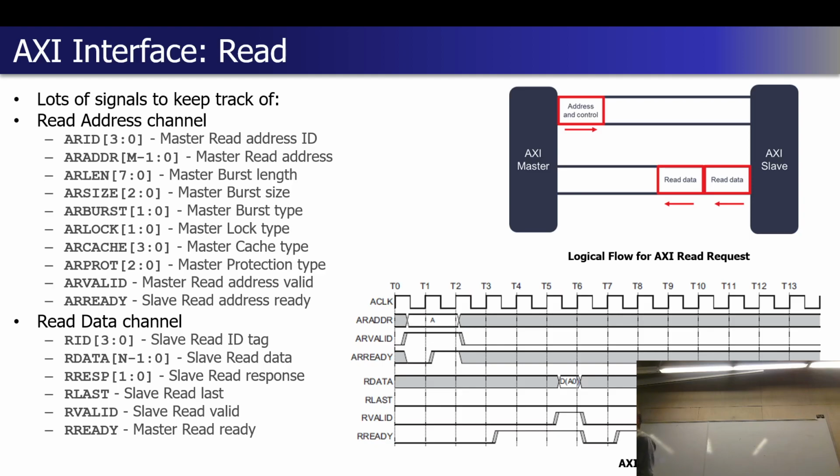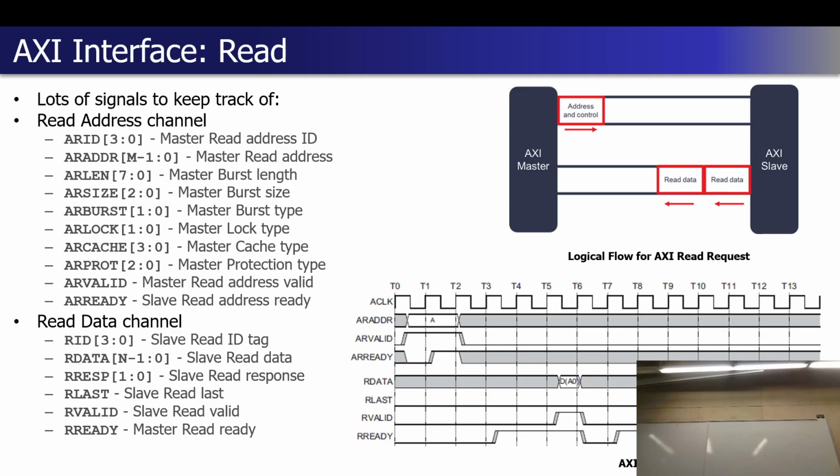There's no guarantee it happens right away. This doesn't show it, but from AR valid going high to AR ready going high, I don't actually know if there's even a limit. It could be an arbitrary amount of time that your side has to wait for that to happen. That's why a state machine makes sense for that kind of implementation. You're in the address send state inside your logic. You set your address to what you need it to be, and the other control signals.